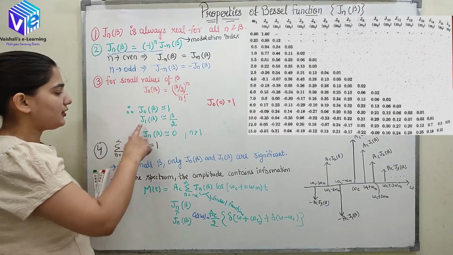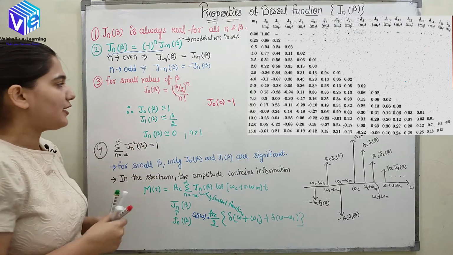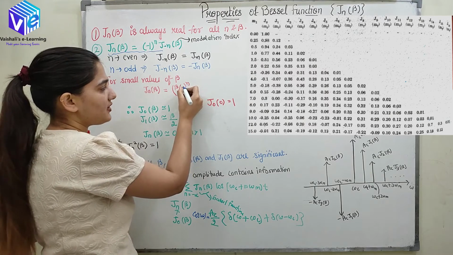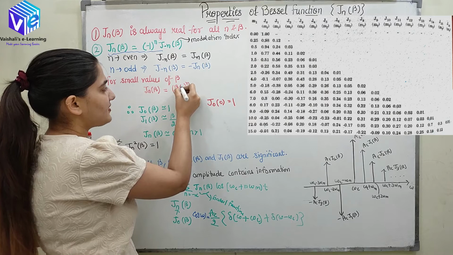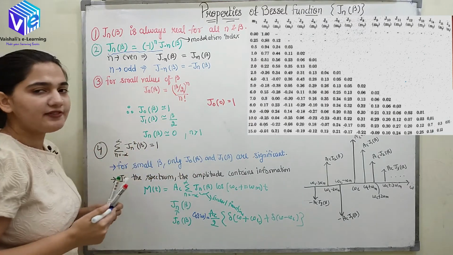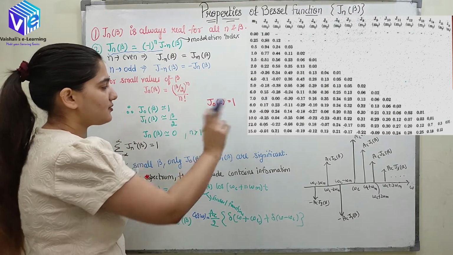Now coming to the next property, J1 of beta is nearly equal to beta by 2. Put the value of 0 here. When beta is 0, 0 raised to power n, I'll represent it as 1, and 0 factorial is 1. So J0 of 0 is 1.